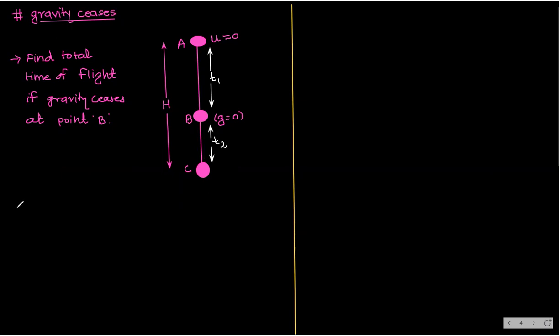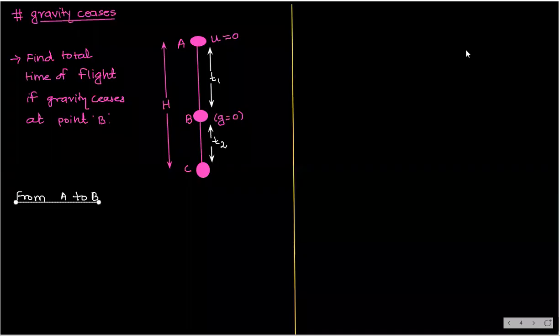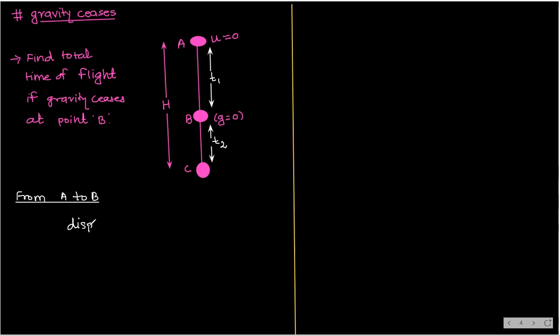Now, distance from A to B. Displacement AB, suppose S1, is equal to ut plus half at square.